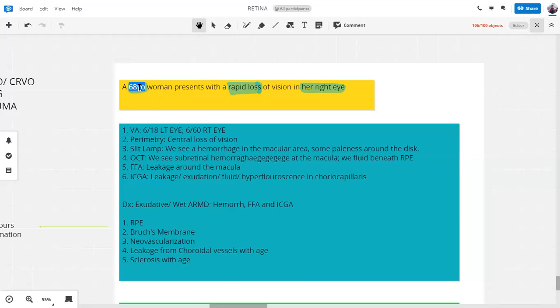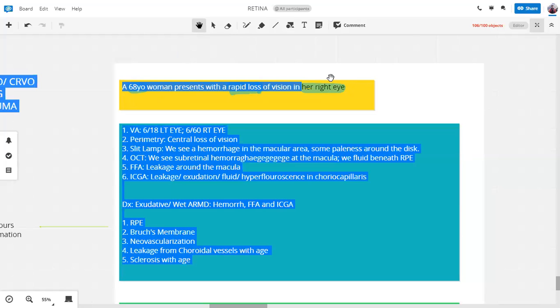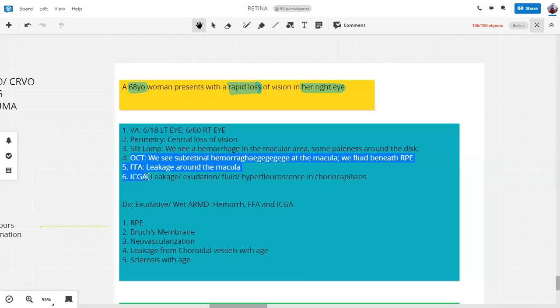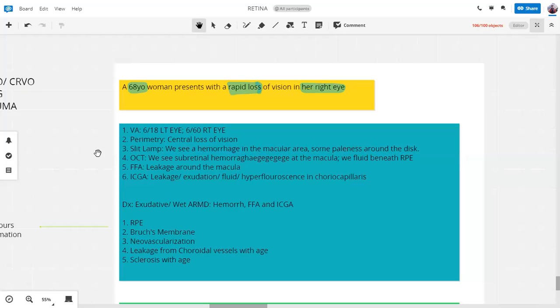So an elderly woman who presents with rapid loss of vision unilaterally, and on slit lamp examination, there is either hemorrhage or fluid or exudation in the macular area. No other part of the retina is involved. Okay? And OCT, FFA, and ICGA confirm our findings. So the diagnosis is wet age-related macular degeneration.